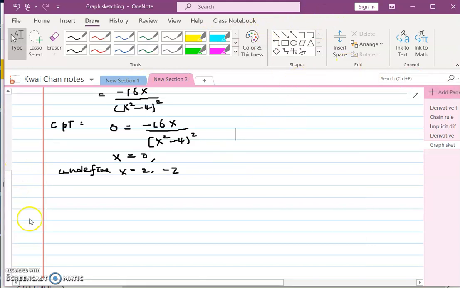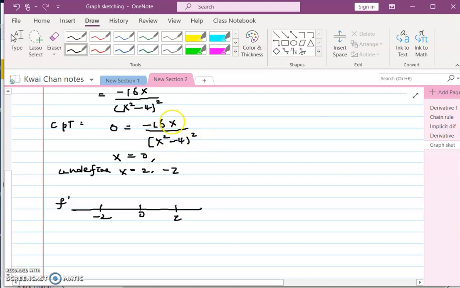So I'm going to do the first derivative test. We have three numbers: negative 2, 0, and 2, and I'm going to check f prime, which is negative 16x over (x squared minus 4) squared. No matter what you plug in, the bottom is a square, so it's always positive.